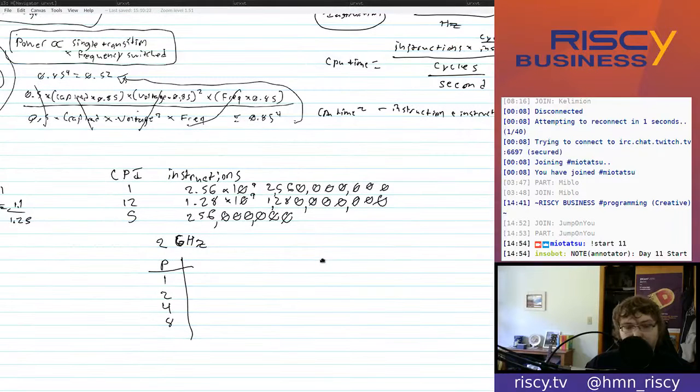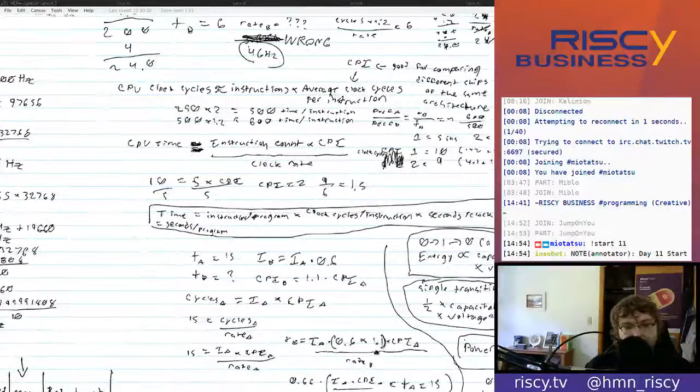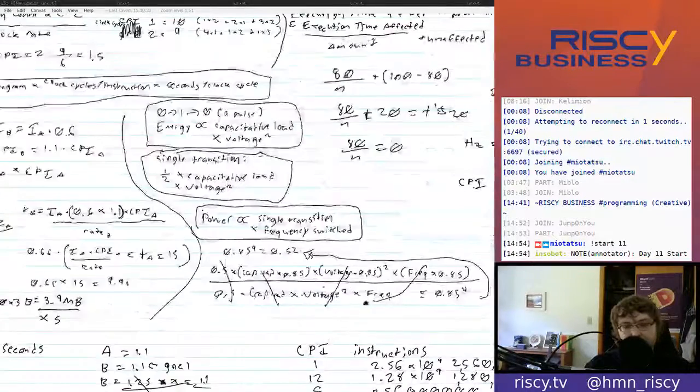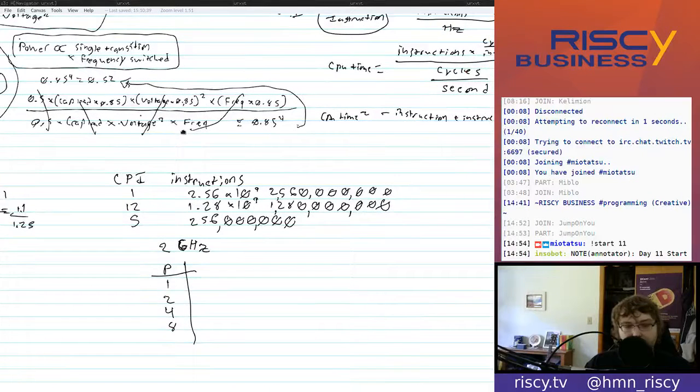So it was instructions times CPI divided by clock rate, right? Yeah, instructions times CPI divided by clock rate. So that's going to be 2.56 times 10 to the 9th, that number times CPI of 1.